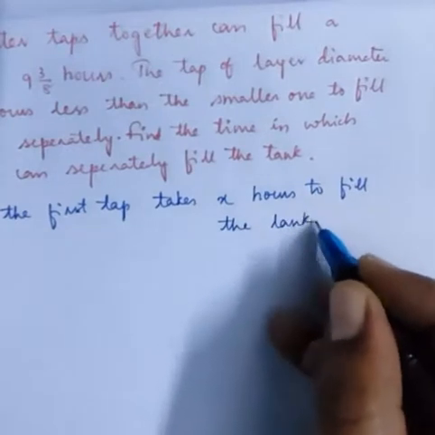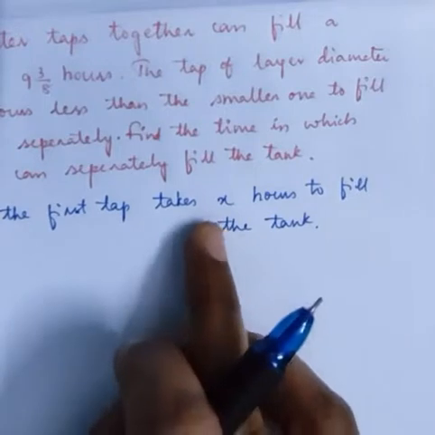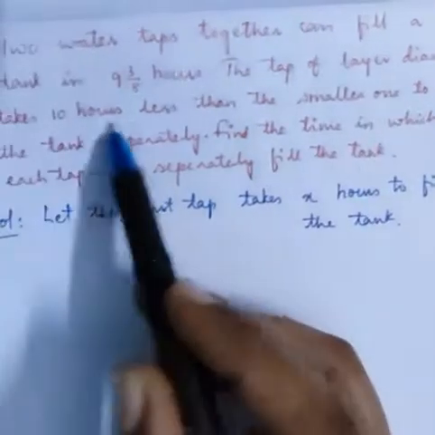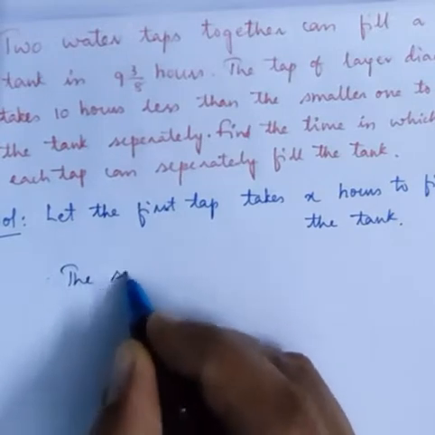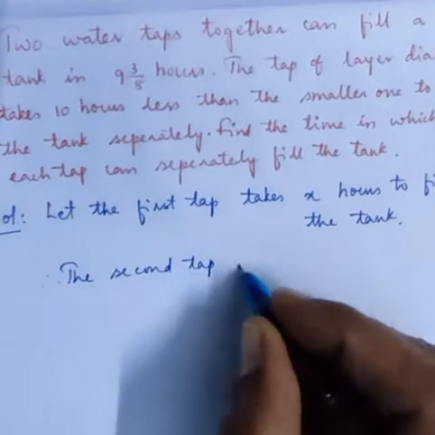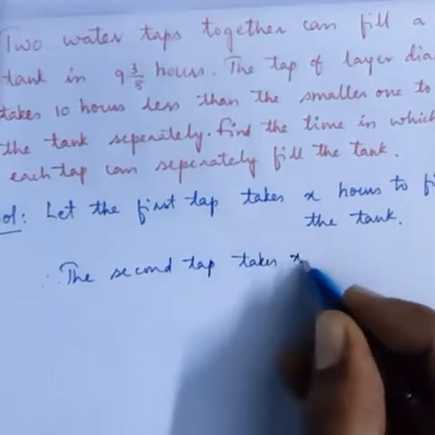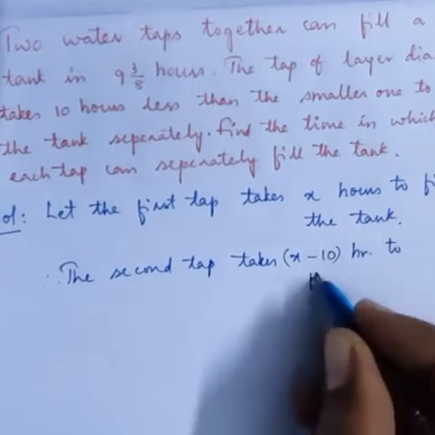If it is x hours, what about the time taken by the next tap? It is given as 10 hours less. So therefore the second tap takes x minus 10 hours to fill the tank.